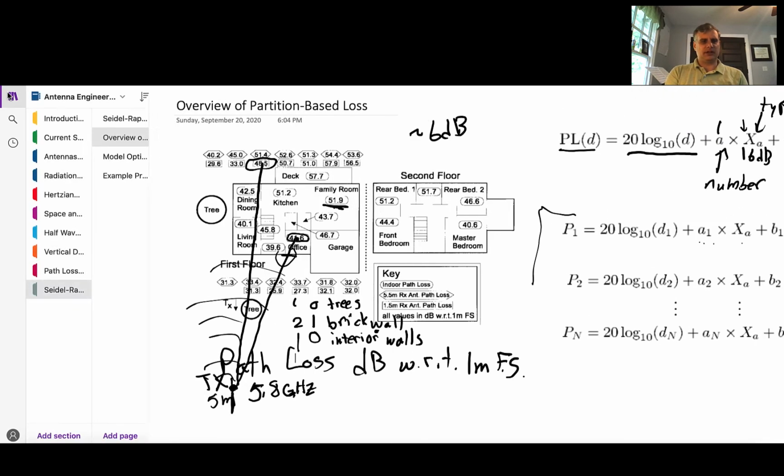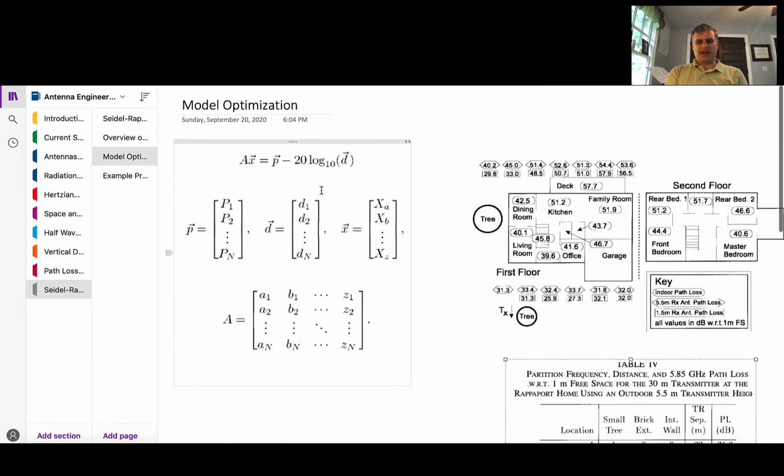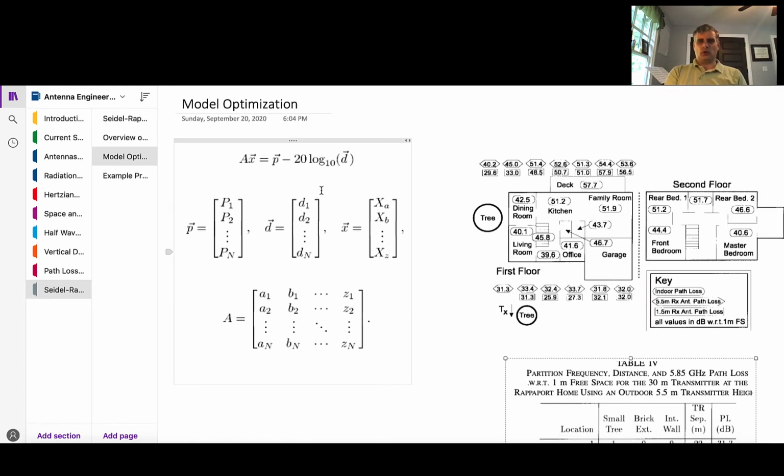Let's take a look at what you can do. So remember, in the path loss exponent model, we said there were 2 types of problems you could work. There's the modeling problem, where I have site info. For the path loss exponent model, that was just the distance between transmitter and receiver and the environment type.